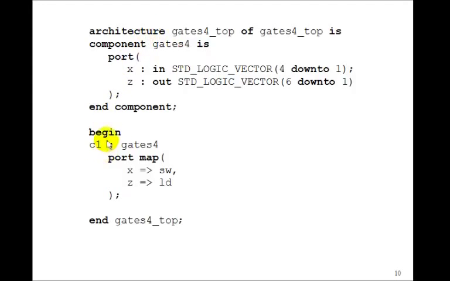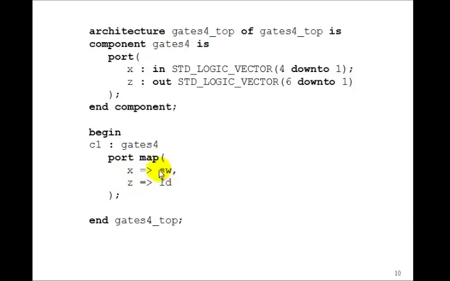Remember, between architecture and begin, we list the component, gates 4. That was our entity name for the 4 input gates. These are the inputs, X 4 down to 1, Z 6 down to 1. And then we'll use this port map statement to connect the X, that is this 4 down to 1, to the switches, which remember were 3 down to 0.